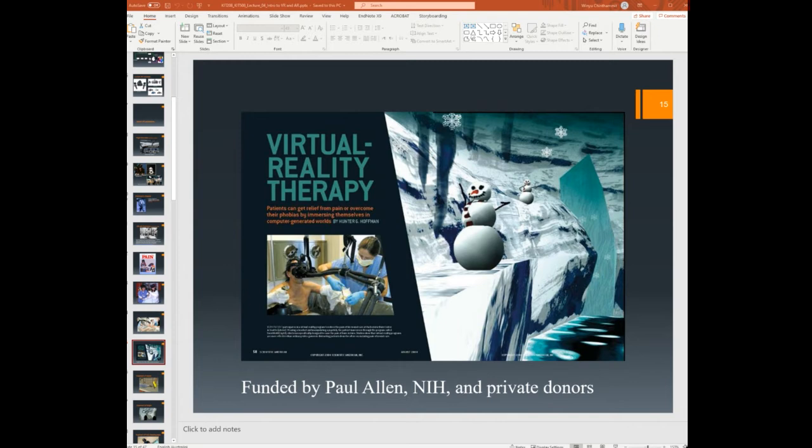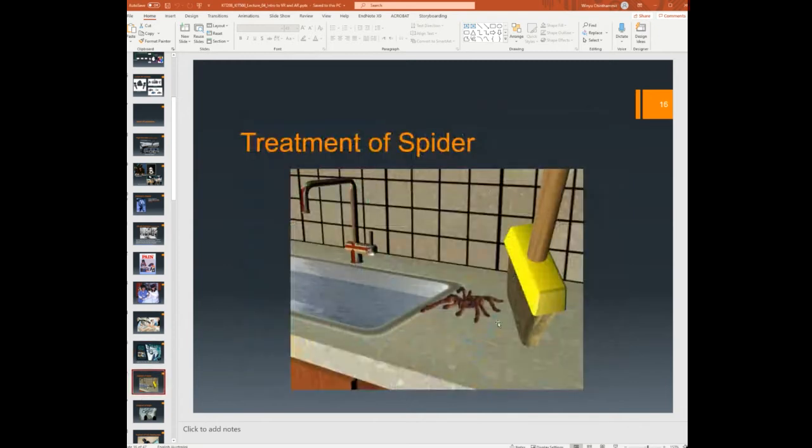The earlier work before that, which is much simpler, is the treatment of spider phobia. It might look like this. Just before Snow World, people started to recognize that VR might be used for more than games.